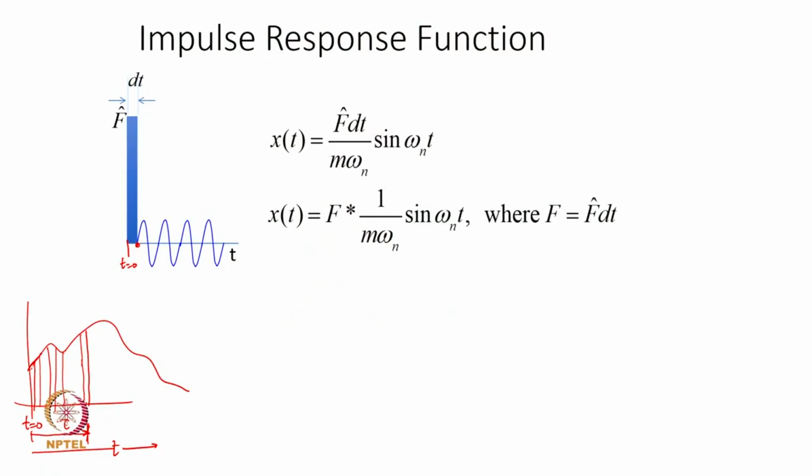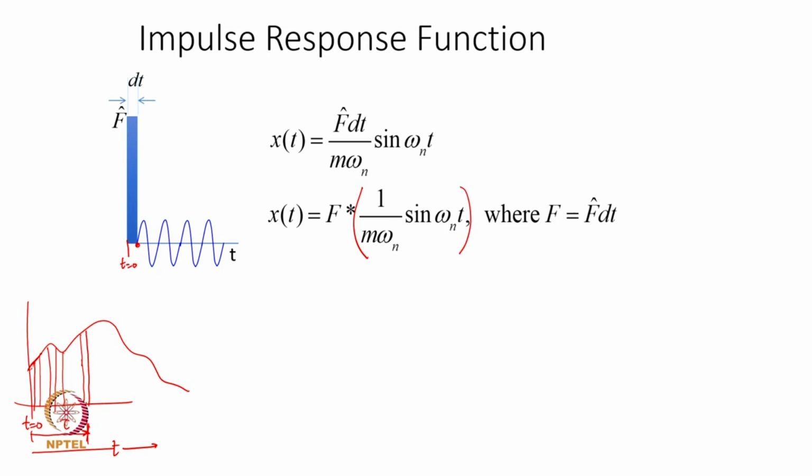So, before we do that, maybe it is interesting here to consider this response expression to be f convolved with this particular function, which is 1 over m omega n sin omega n t.